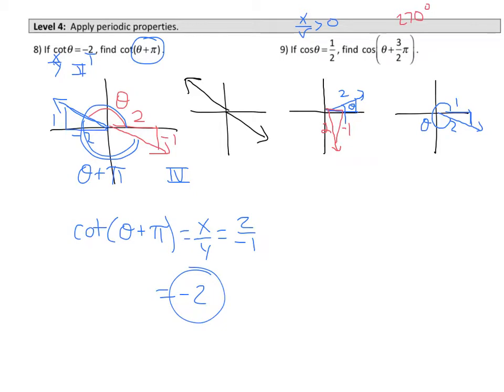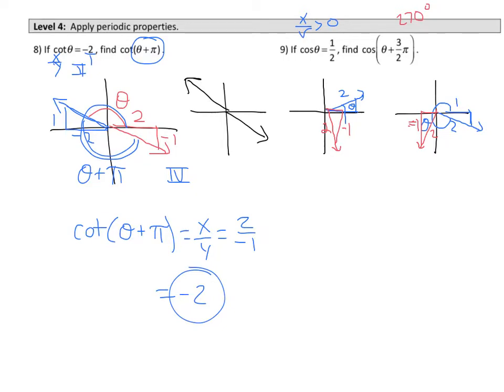If I did the other case, where I rotate 270 degrees, I would end up right here. With this triangle, we have a y value of negative 1, an r value of 2. So either way, we're going to get now a y value of negative 1, an r value of 2.